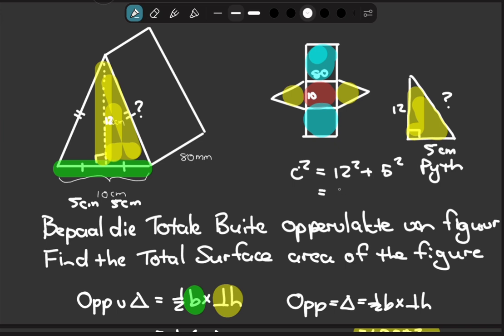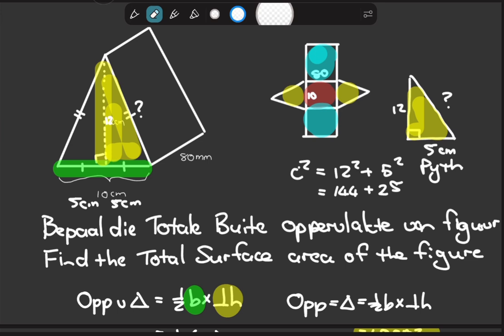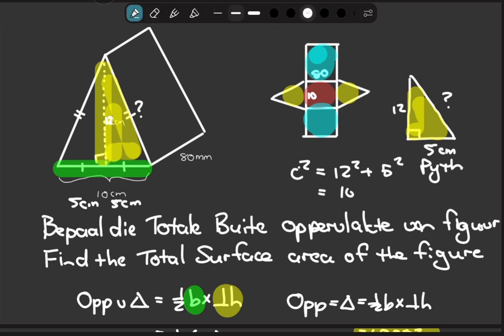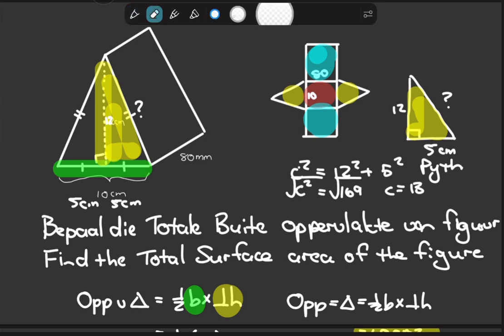Because what is 12 squared? It is 144, and 5 squared is 25, and if we add that up, that's 169. But remember it's c squared, so I just have to take the square root to get to my 13. Now at least I know what the size is, 13.